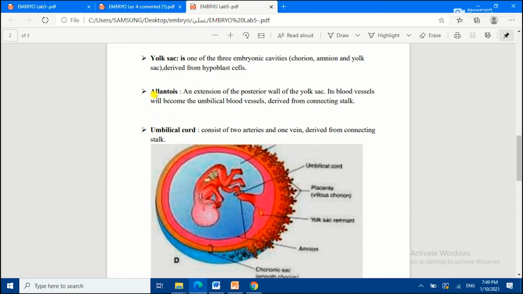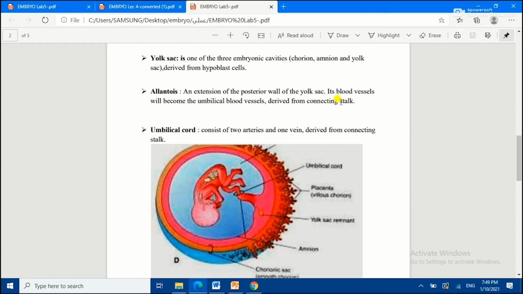Okay, and we have another structure called the allantois. The allantois is an extension of the posterior wall of the yolk sac, and it has some blood vessels, and these blood vessels will become the umbilical blood vessels, derived from what?